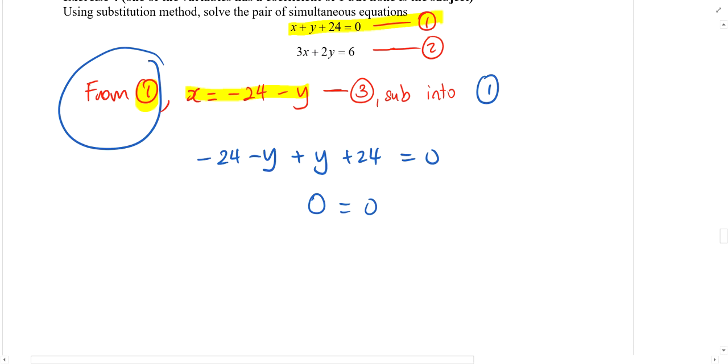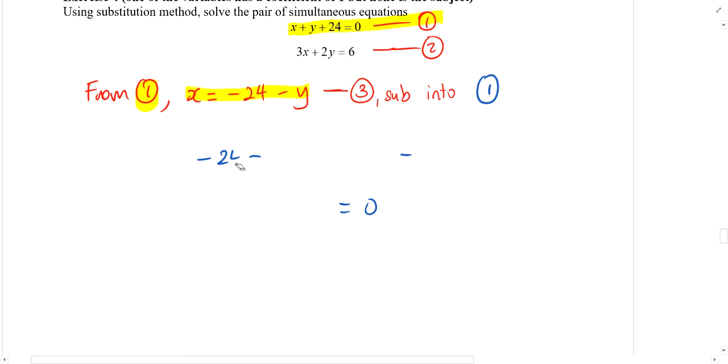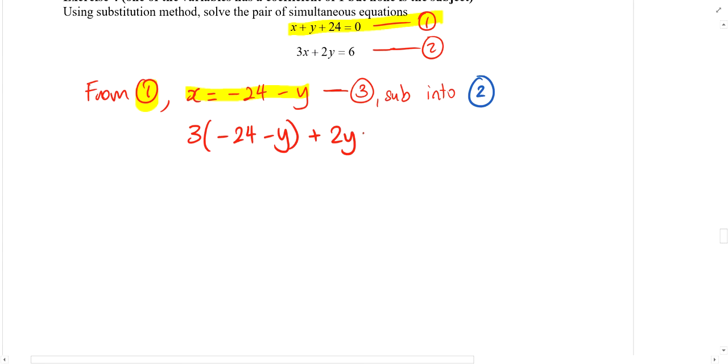You have two equations. You must substitute into the other equation so that it works. So now I'll substitute into equation number 2. Every time I see the x, I change it to negative 24 minus y. So in equation number 2, I've got 3 times negative 24 minus y, plus 2y equals to 6. Then I expand and work out the answer for y.